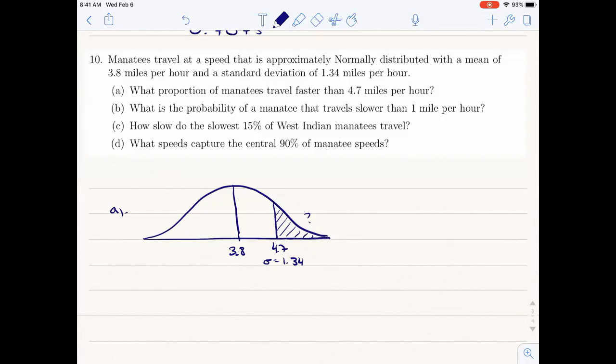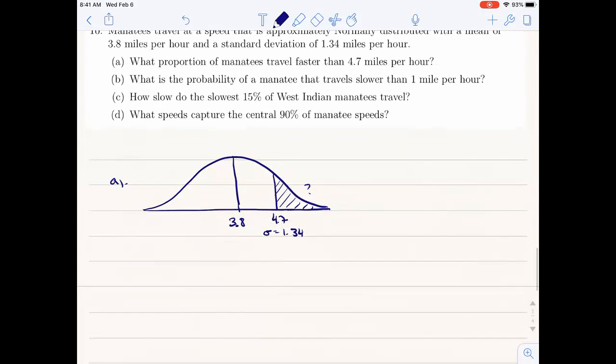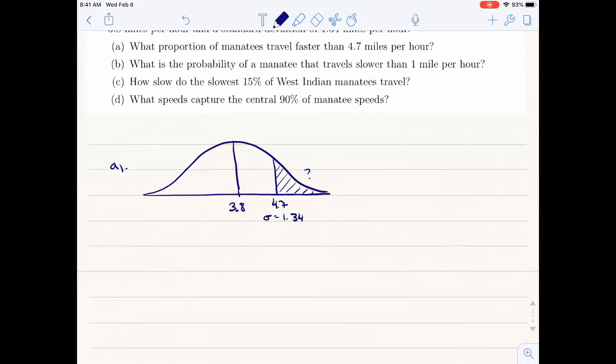Proportions, probabilities, percentages, those are all areas under the curve. So to find areas under the curve, we have to use the Z table.